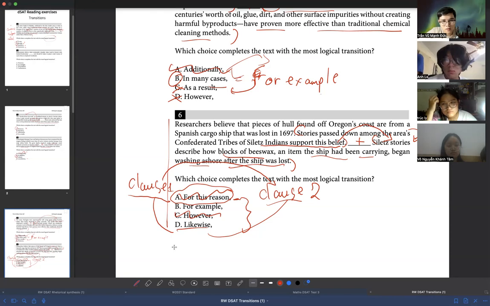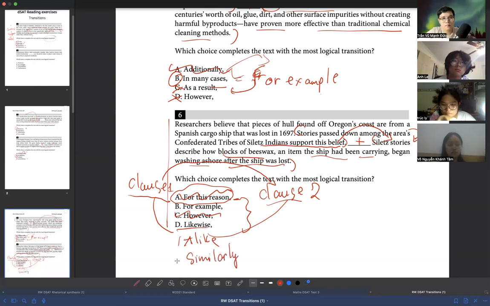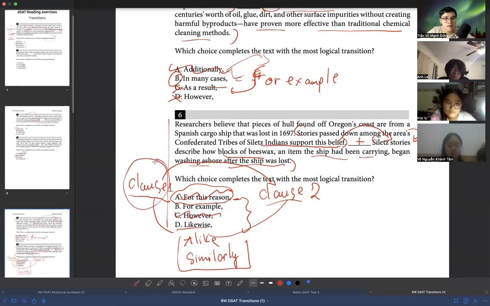It is quite similar to these words, "alike" or "similarly." Supporting, yes, but how are these going to be related to each other?